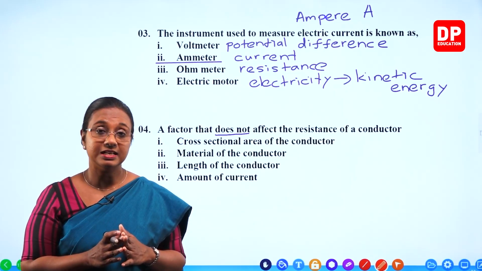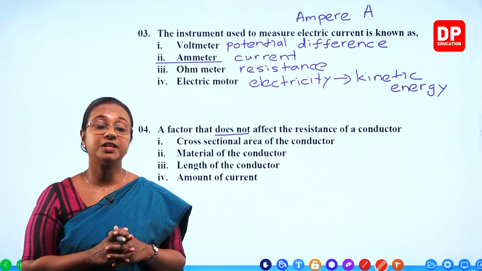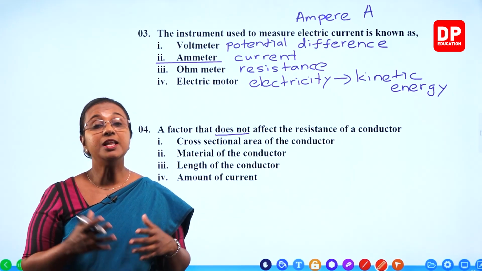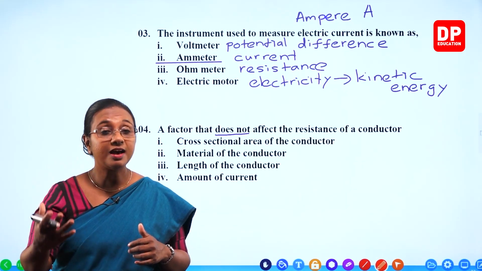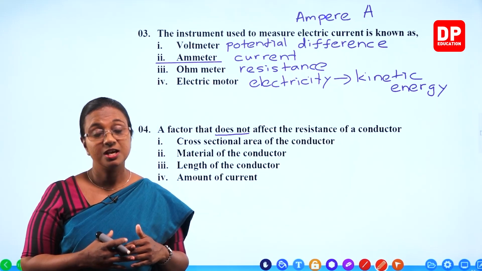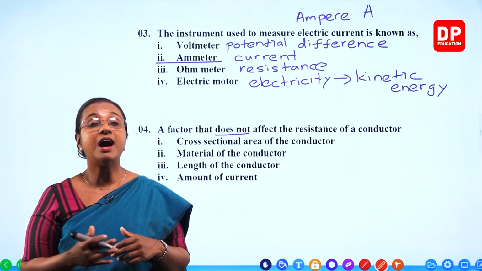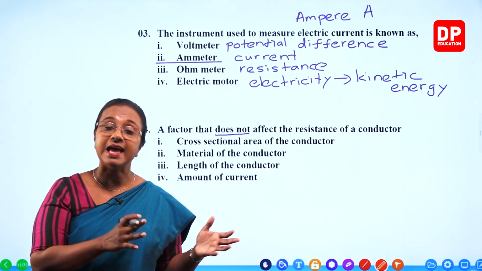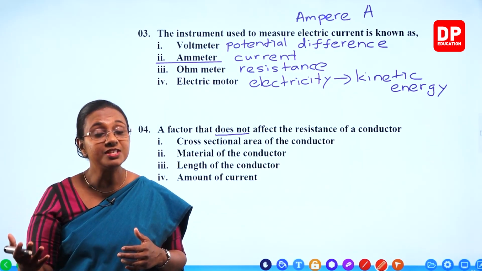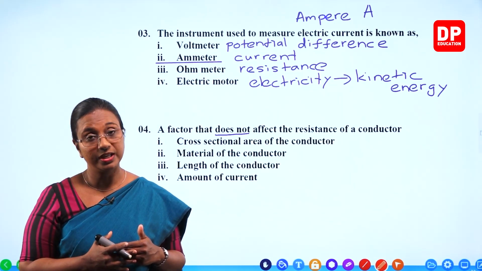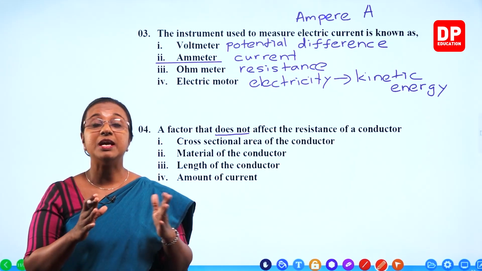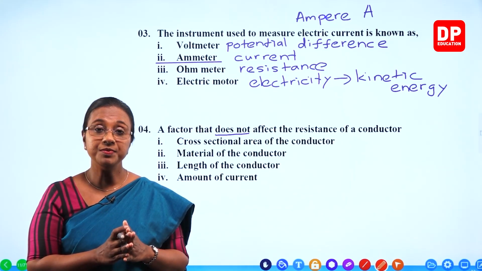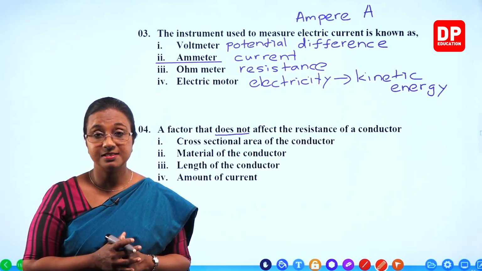Then the material composition of the conductor. For example, if you take copper, copper has less resistance. So it allows more current to flow through it. Whereas if you take iron, iron has more resistance than copper. So it allows lesser current to flow through it. Then you are familiar with nichrome, an alloy made up of nickel and chromium that has high resistance.